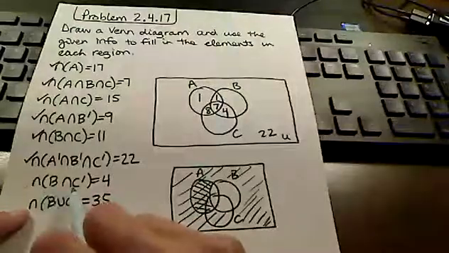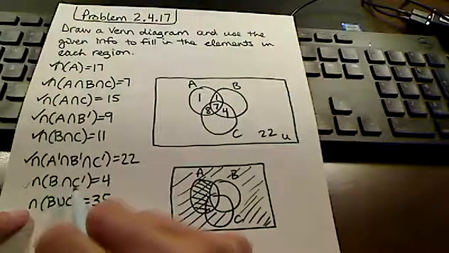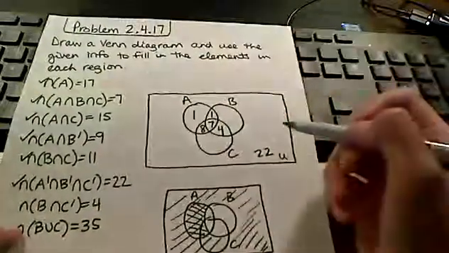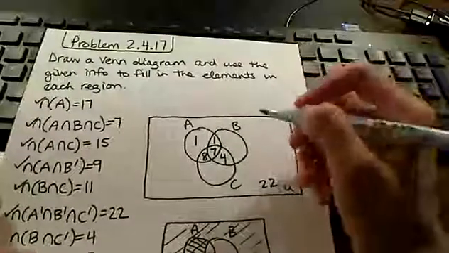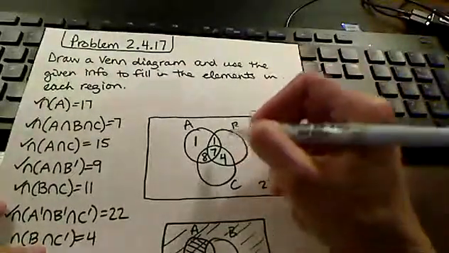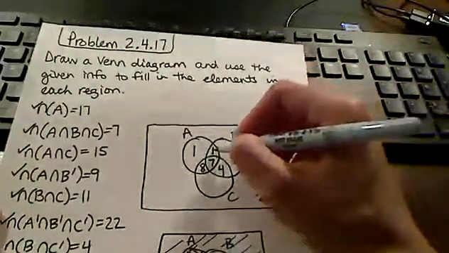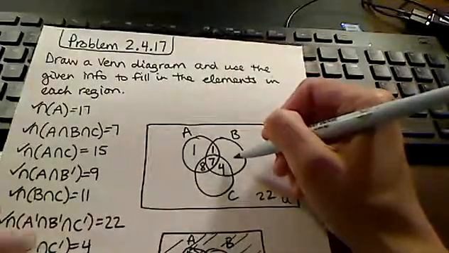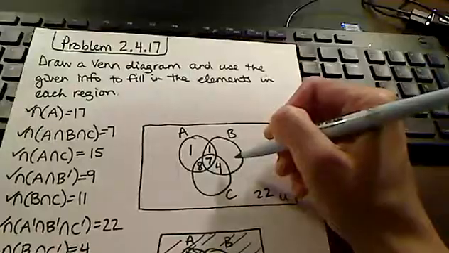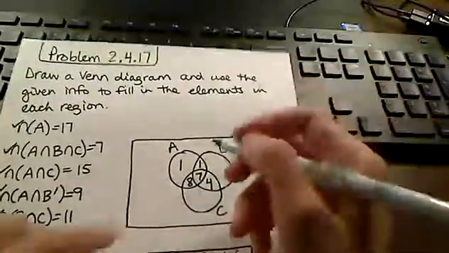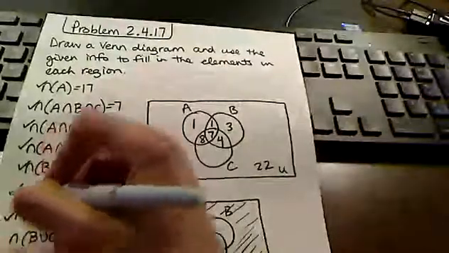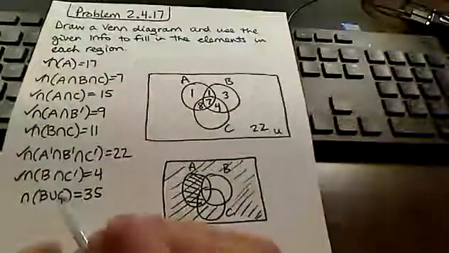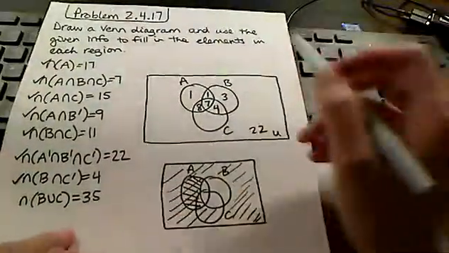And then we should be able to do this now. B intersect C naught is 4. So that region, if we're looking at what isn't in C but intersecting B, that's going to be these two regions right here, where I've got the 1 and then this region that we don't know. And it's supposed to be a total of 4. So if we've got 1 already, this has to then be a 3. And last piece of information here, B union C is 35.